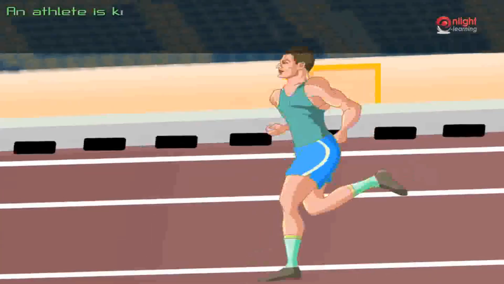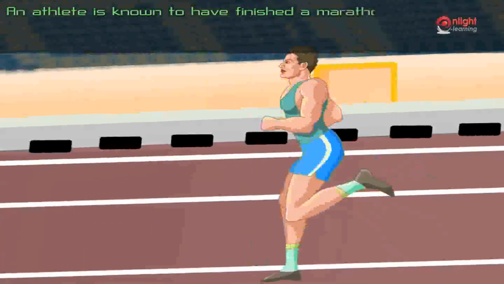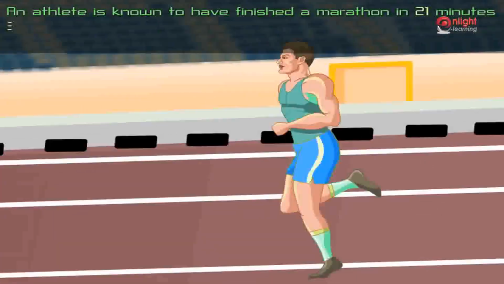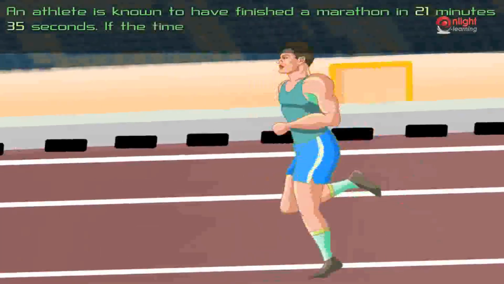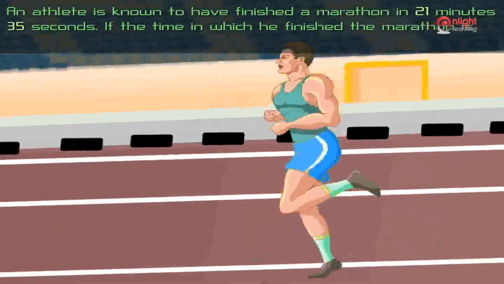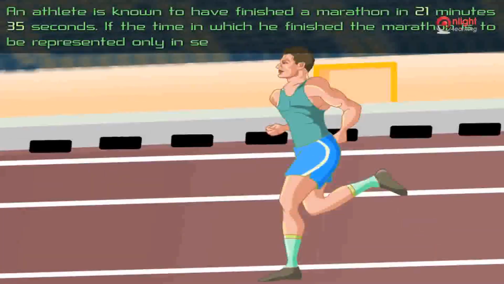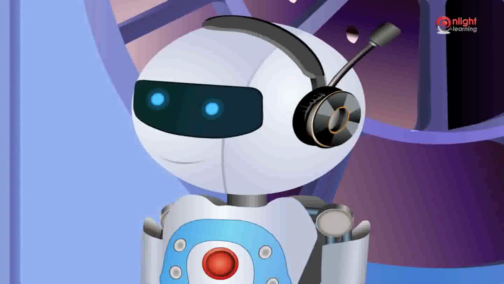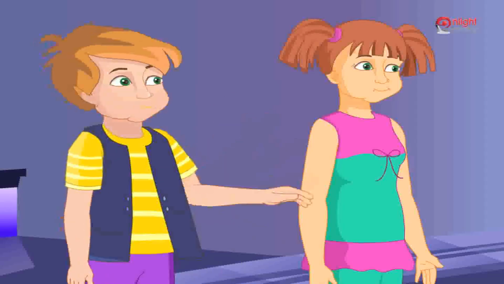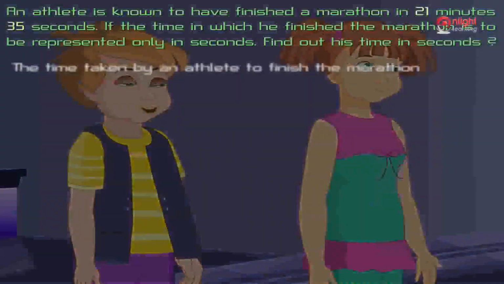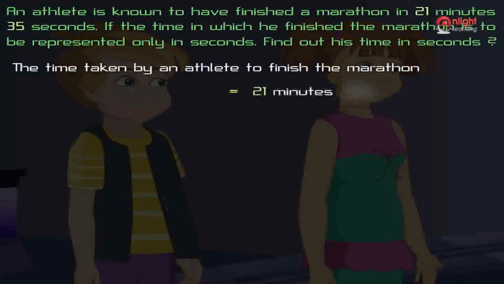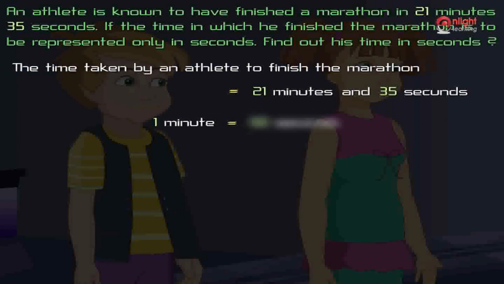An athlete is known to have finished a marathon in 21 minutes and 35 seconds. If the time in which he finished the marathon is to be represented only in seconds, Akash, can you find out his time in seconds? The time taken by an athlete to finish the marathon is equal to 21 minutes and 35 seconds. We are required to show this time in seconds. We know that 1 minute is equal to 60 seconds.